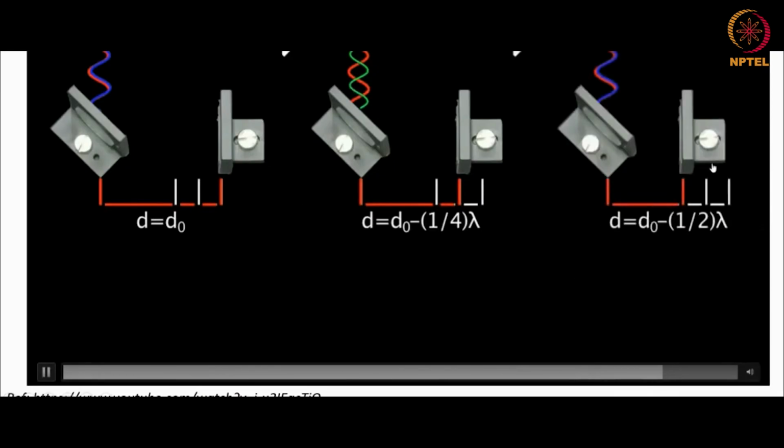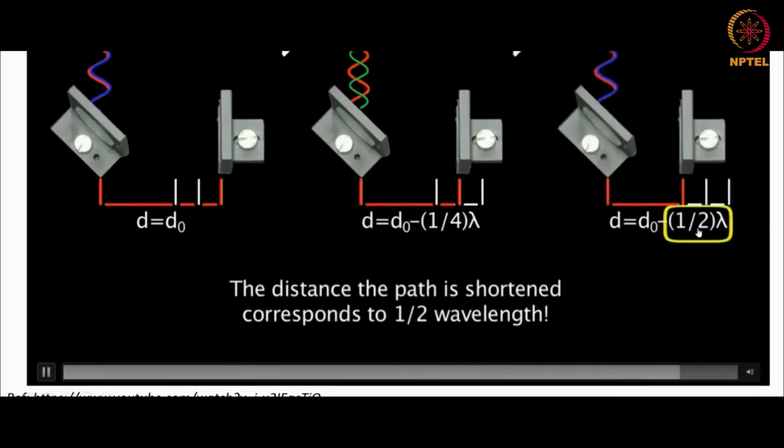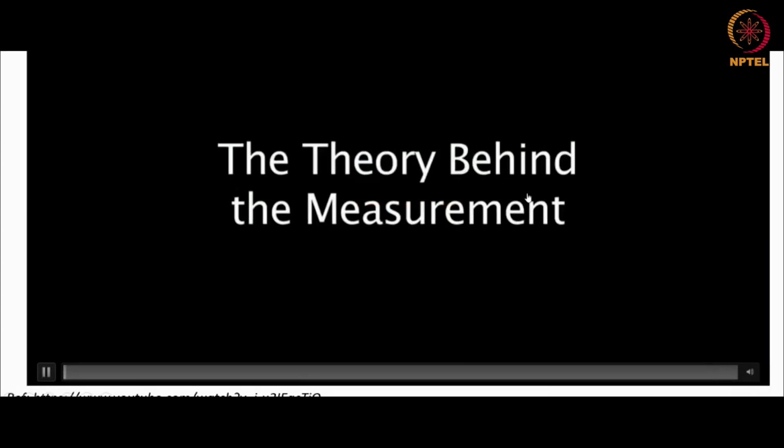And when we move our mirror by 1/2 of the wavelength, constructive interference will occur. So what happens when interference occurs? We saw these fringes. The dark one is because of destructive interference, and the brighter one is because of the constructive interference.